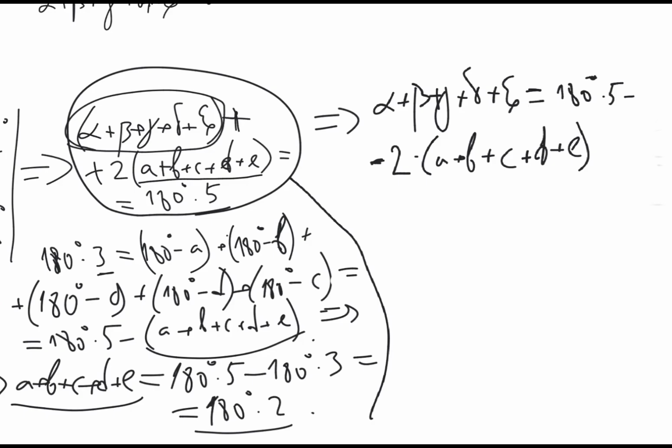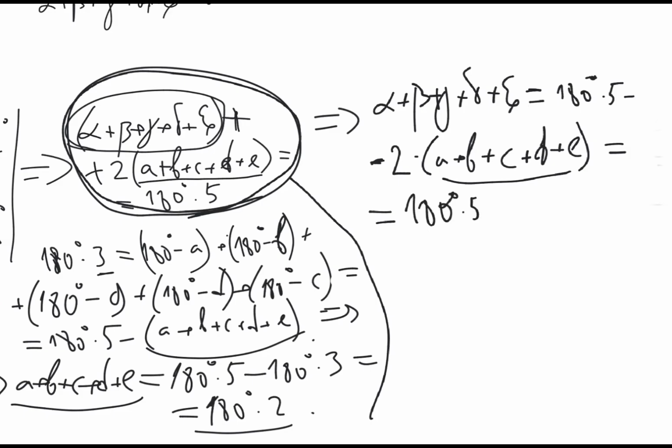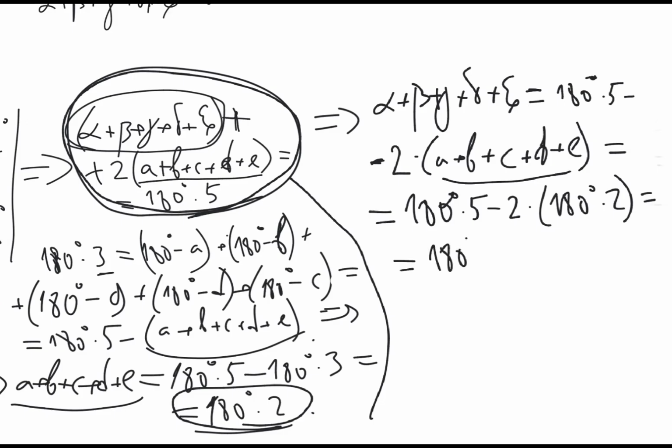So I just rewrote this equality. Now we substitute this with what we found. So this is 180 degrees by 5 minus 2 multiplied by 180 degrees multiplied by 2. And so this is equal to 180 degrees multiplied by 5 minus 180 degrees multiplied by 4.